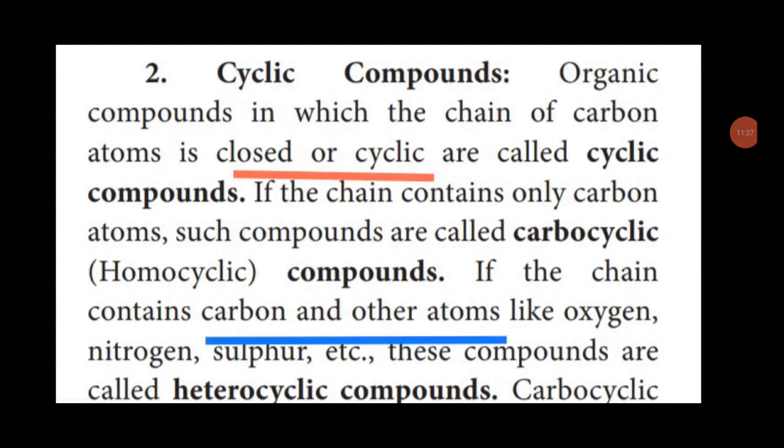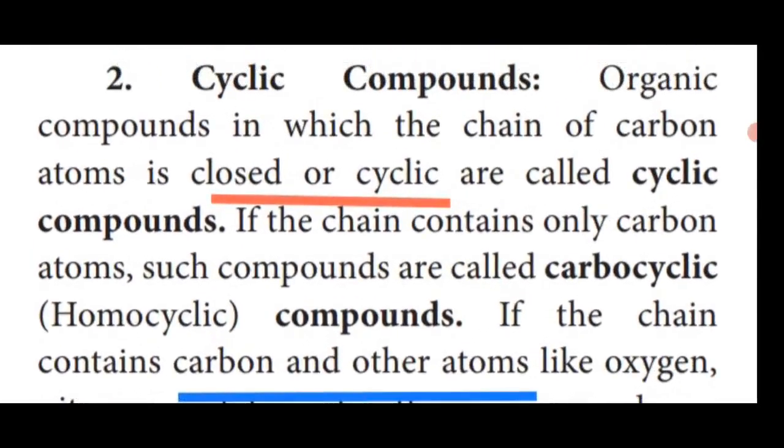Another classification of organic compound is cyclic compound. What is cyclic compound? Organic compound in which the chain of carbon atoms is closed or cyclic. The carbon atoms are connected in a closed ring.